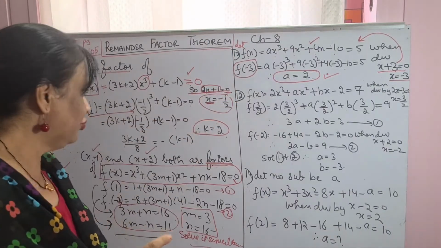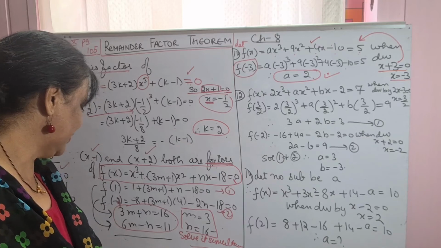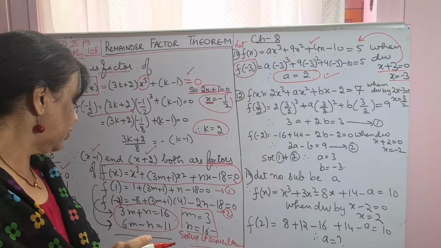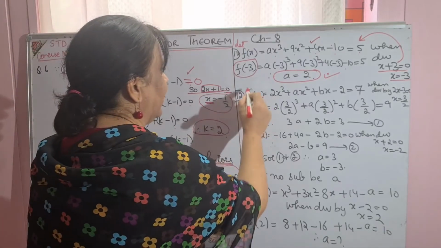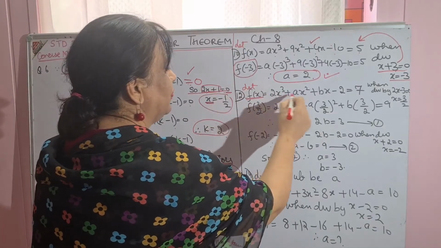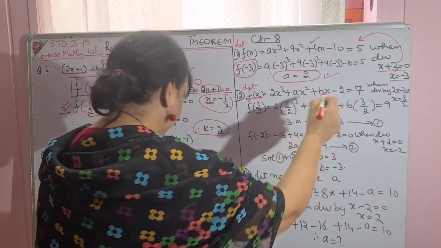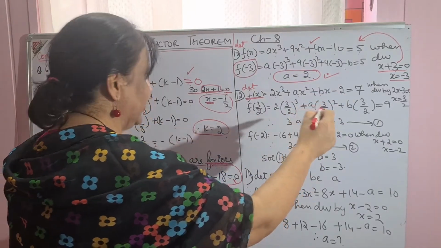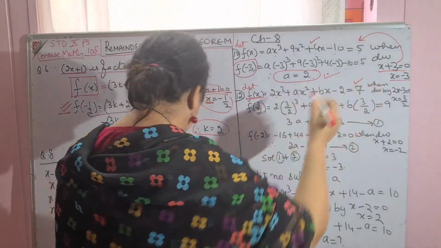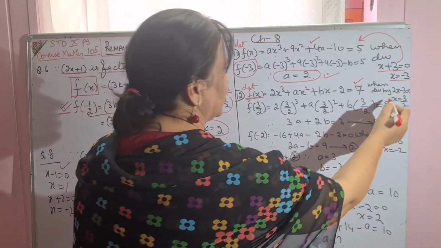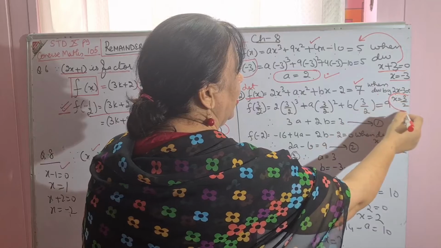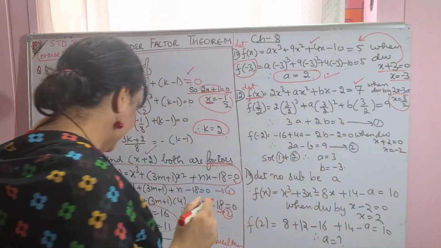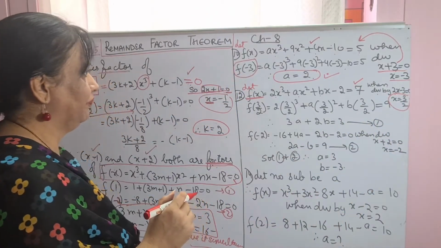Then again moving on to question number 12, same exercise, a little different. 2x cube plus ax square plus bx minus 2. I have named it, let f(x) is equal to 2x cube plus ax square plus bx minus 2, with remainders 7 and 0. So one time it is equal to 7 when it is divided by 2x minus 3. When divided by 2x minus 3 is equal to 0, or x is equal to 3 by 2. And second time it is equal to 0.